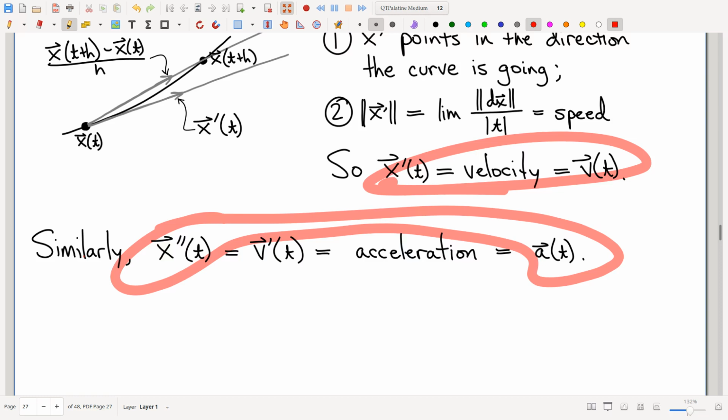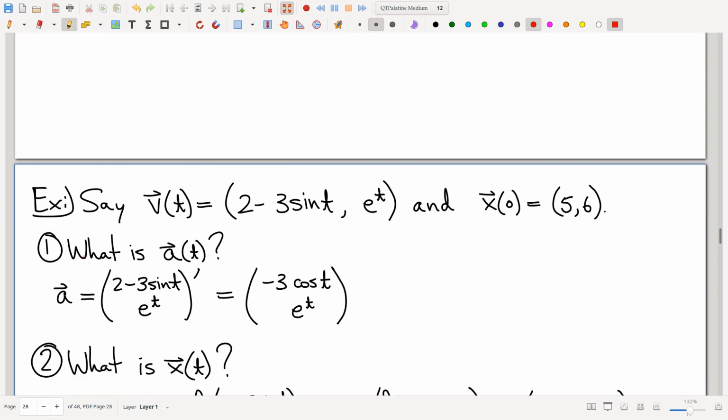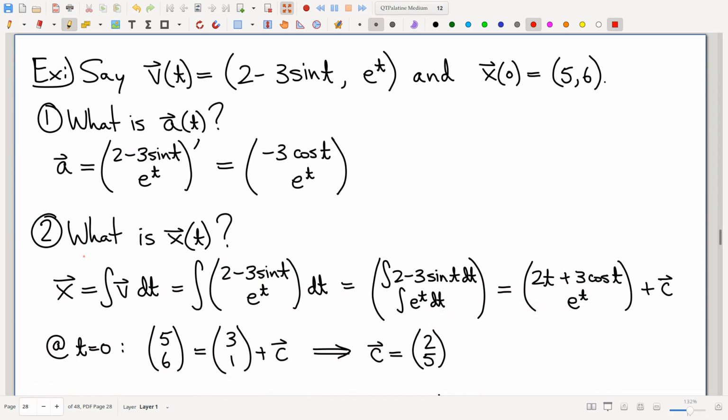So all of these results here are hopefully familiar. They are morally equivalent to what you saw in Calc 1. Okay, so likewise this example, morally equivalent to what you saw in Calc 1. So let me do this quickly. Here in this example, we're given the velocity, and we're given an initial location at time equals 0.